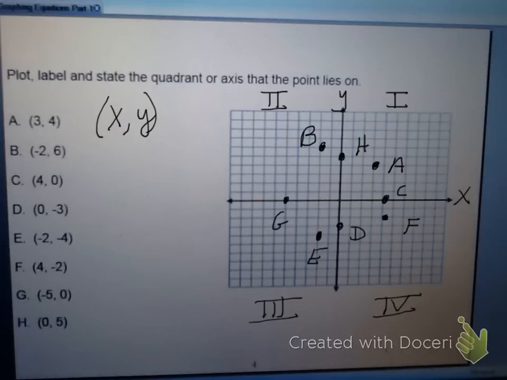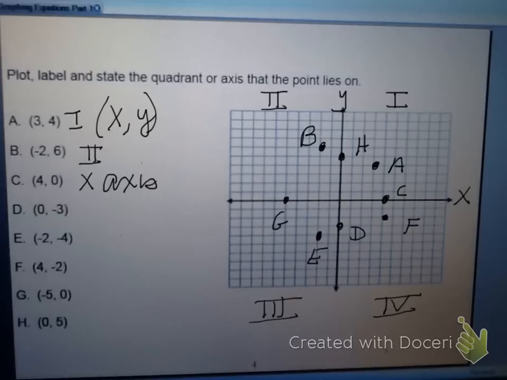Okay, so there's all the points. Now let's talk about what quadrant each one is in. Point A is in quadrant 1. Point B is in quadrant 2. Point C is not in any quadrant. It is on the x-axis. D is not in a quadrant.